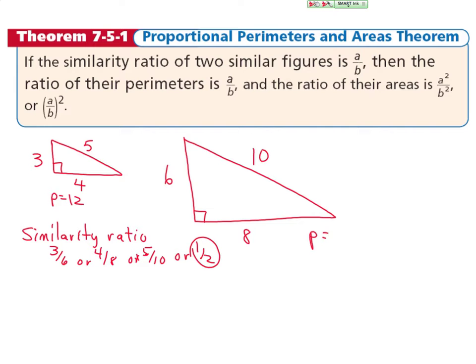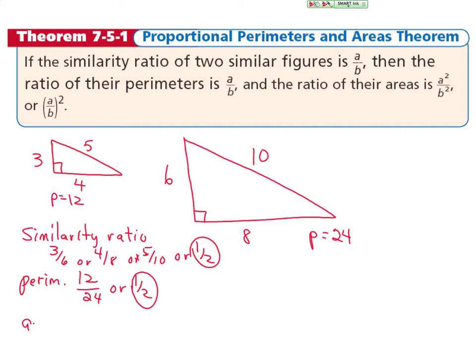Perimeter of this one? 24. Okay, so if I compare perimeters, 12 to 24, what's that reduced to be? 1 to 2. So notice it was the same ratio. If we double every side, the total of these and the total of these will be doubled also.